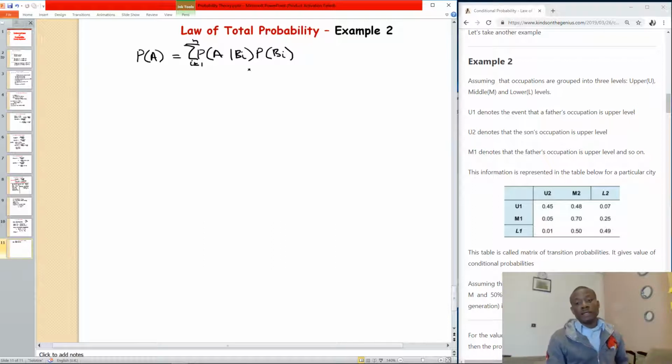So you are taking a summation of conditional probabilities of A given all of the Bi's.